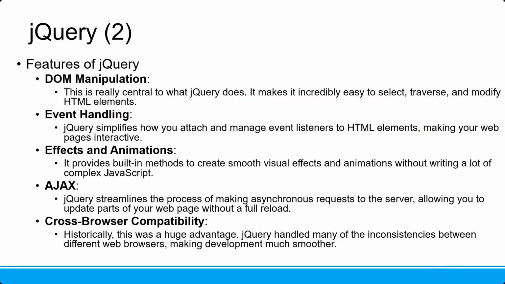Some features of jQuery: we can do DOM manipulation. DOM is the document object model. This is really what jQuery does. It makes it incredibly easy to select, traverse, and modify HTML elements.